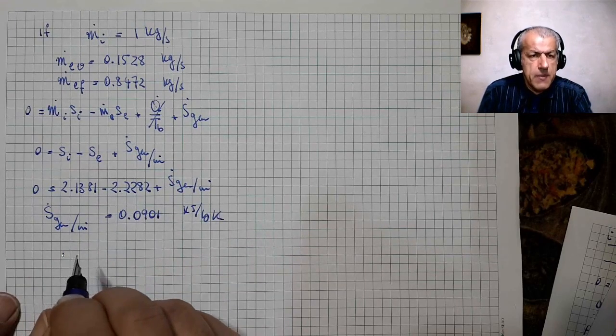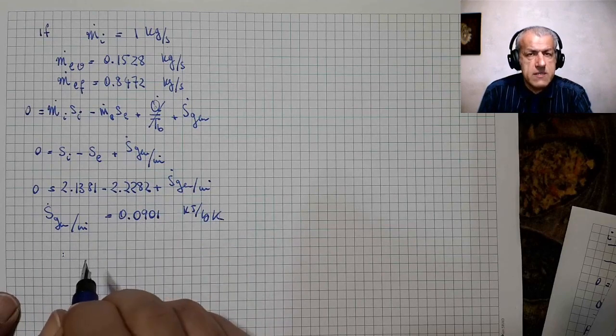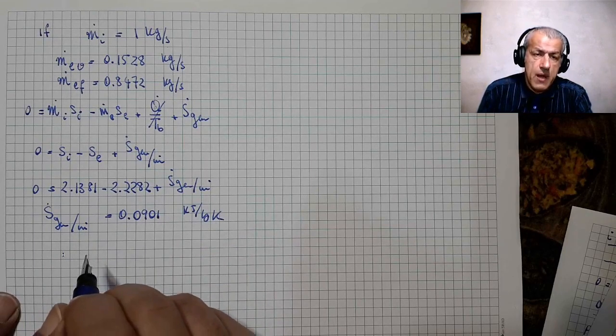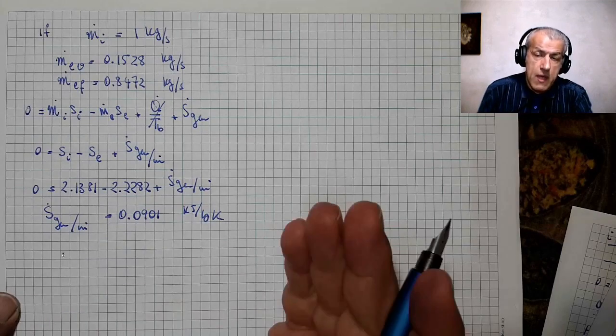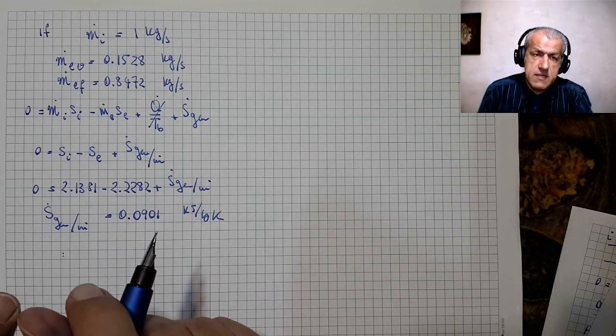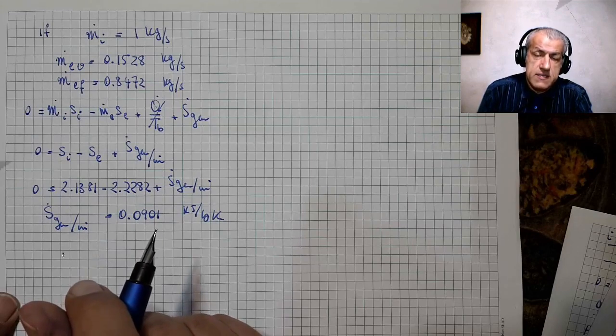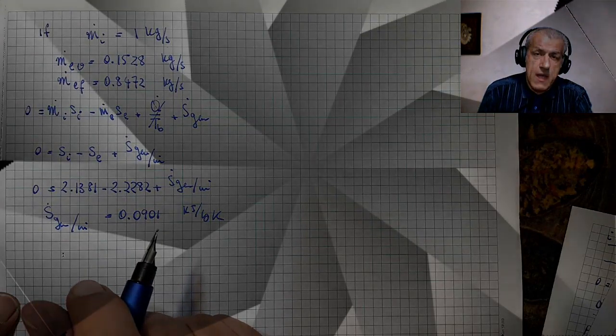All good and happy. S dot Gen is positive, and therefore the problem is possible. We have calculated the positive S dot Gen, so we could conclude that entropy is generated, the process is irreversible, and therefore it is a possible process.